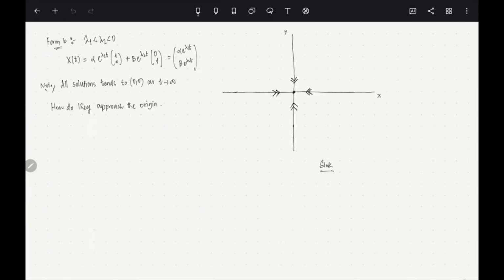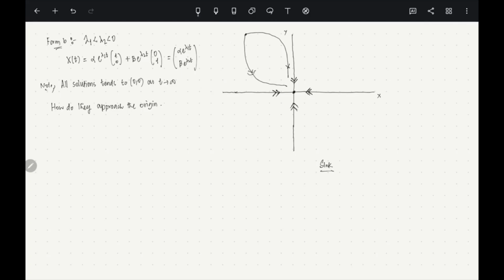Which coordinate dominates? It doesn't really matter where you are starting. You may start from here, and the trajectory can move like this, going towards the origin. It has to. Again, it can start from here and go like this towards the origin.